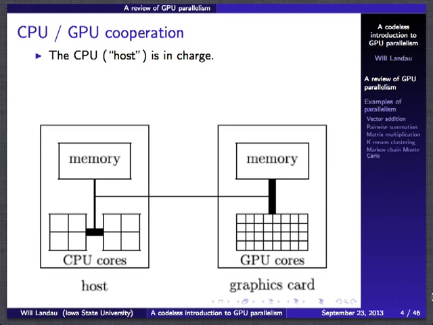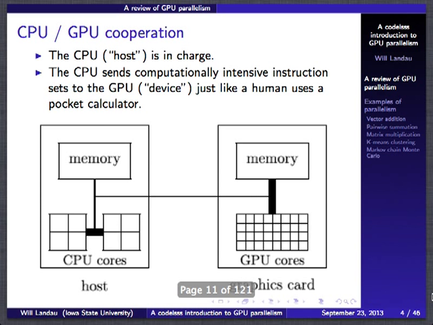So just a review about how the CPU and the GPU work together. You're always using a CPU no matter what, a computer with a central processing unit, and the graphics card or GPU is hooked up to the CPU. The CPU is kind of like the head administrator, the one that's really solving most of the problem.